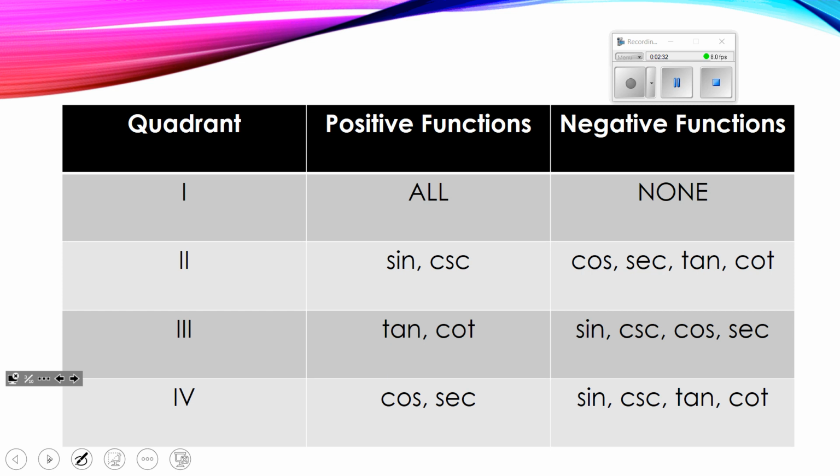So what I want you to understand is if I have my unit circle, we know this is positive, positive, this one is negative, positive, this one's negative, negative, this one's positive, negative. Everybody good with that? So let's just look at quadrant 1.